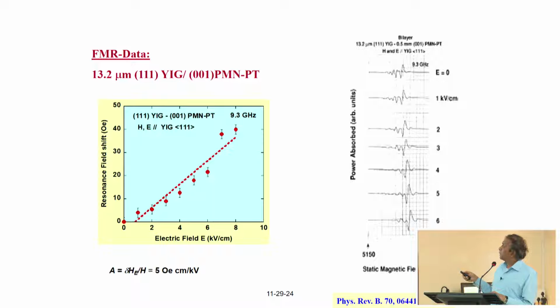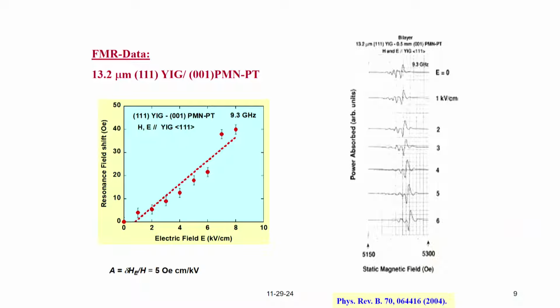And as you apply an electric field and increase its magnitude, there is a shift in the resonance to the right. And this graph shows the plot of shift in the resonance versus electric field, and the slope is the converse magnetoelectric coefficient that comes out to 5 Oersted centimeter per kilovolt.